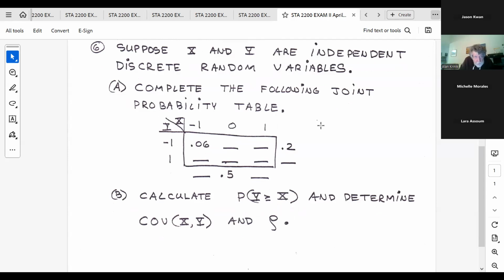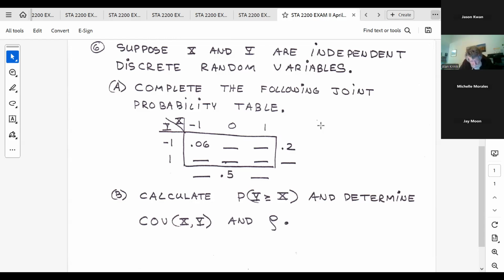Yes. Wonderful. It says: suppose X and Y are independent random discrete variables. Complete the following joint table and calculate the probability that Y is greater than or equal to X, and determine the covariance and rho. Again, this is stuff that we did, but not recently.